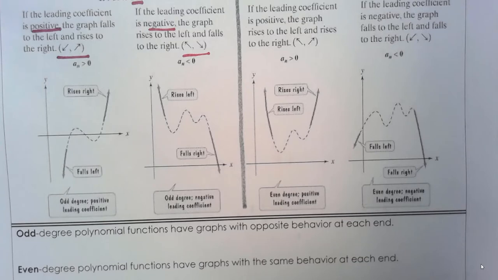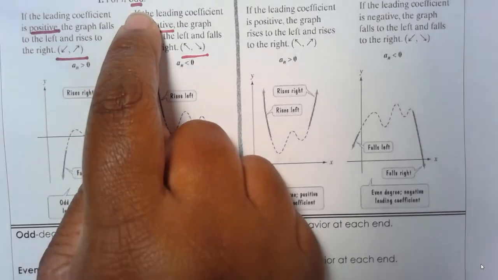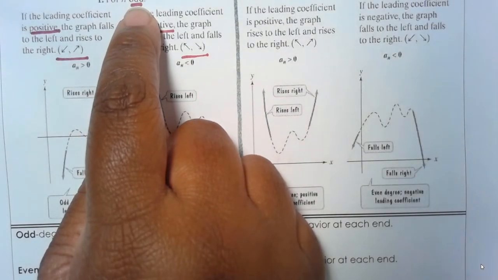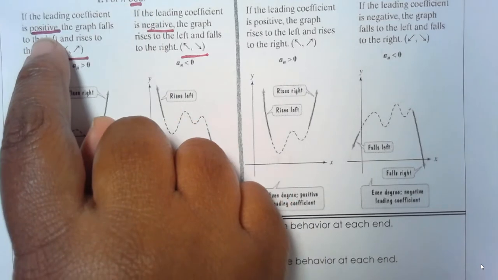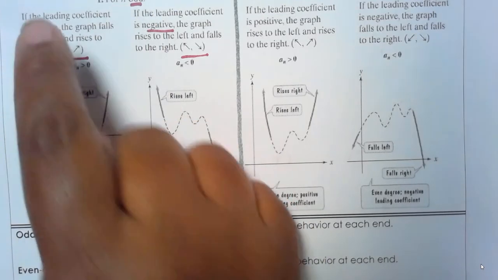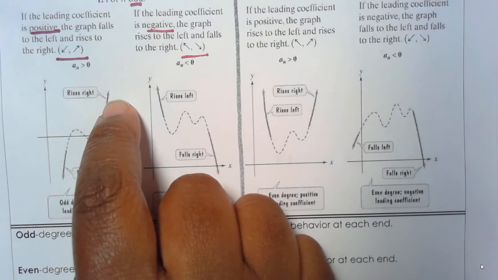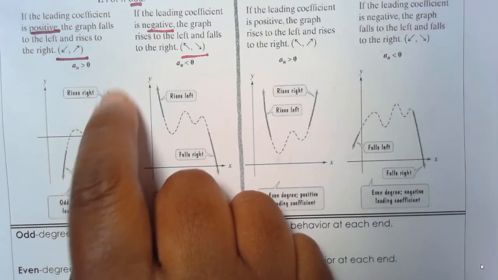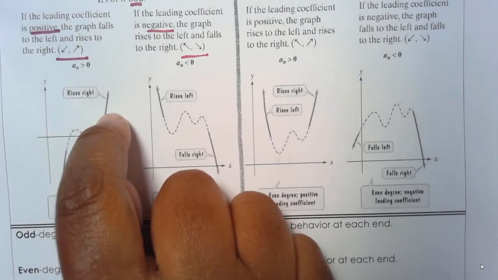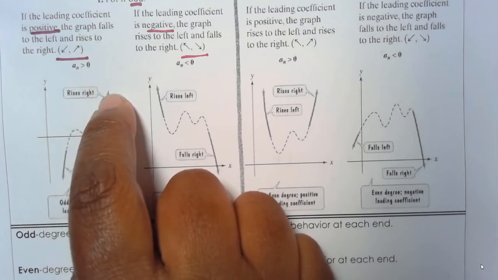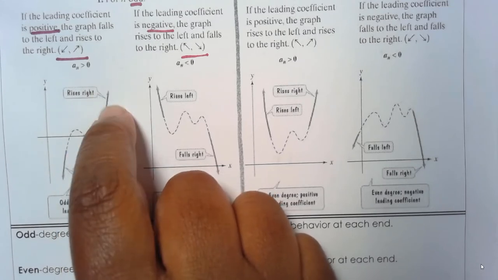Okay, so an easy way to remember this, when the degree is an odd number and when the leading coefficient is positive, the end behavior to the right should be in the direction of a positive, going to positive infinity. Okay, that's one way to remember this.